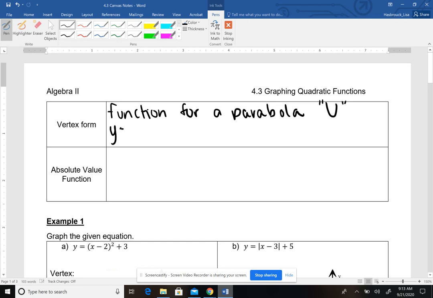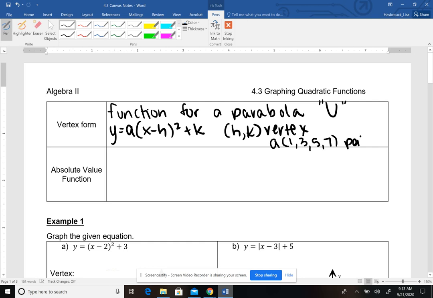And it's y equals a times (x minus h) squared plus k, where (h, k) is the vertex. And the pattern is whatever a is times 1, 3, 5, 7. So this is all the information you would use to graph a parabola in vertex form.